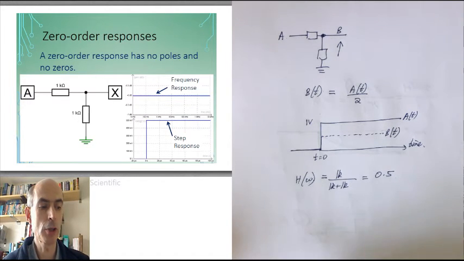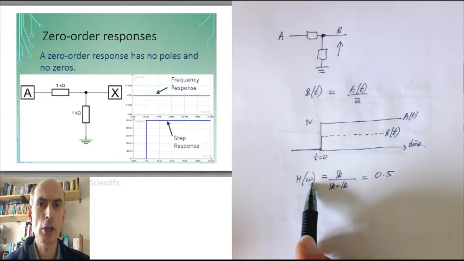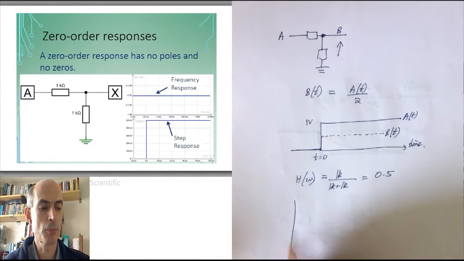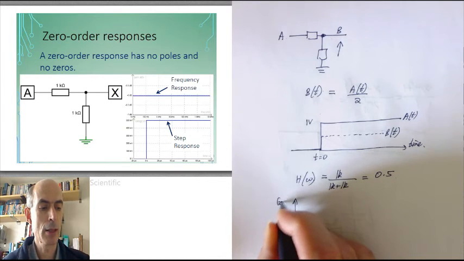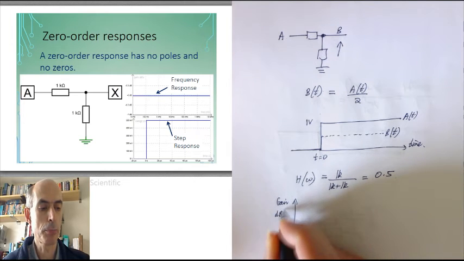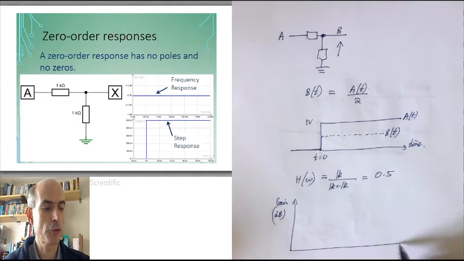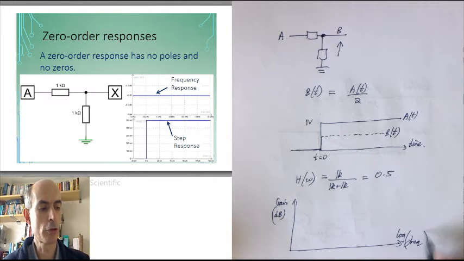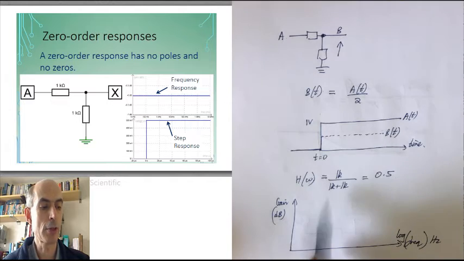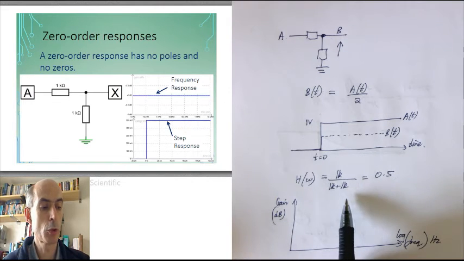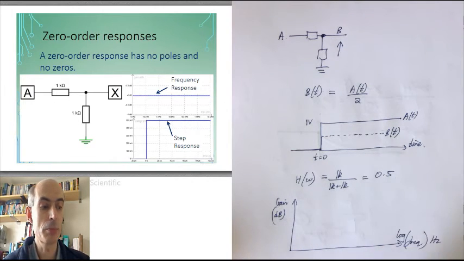Now, when we're plotting frequency responses, we usually plot them with decibels on the y-axis, and we use log of frequency on the x-axis. So if we were going to plot this as a frequency response, we would want to express the 0.5 in dB.